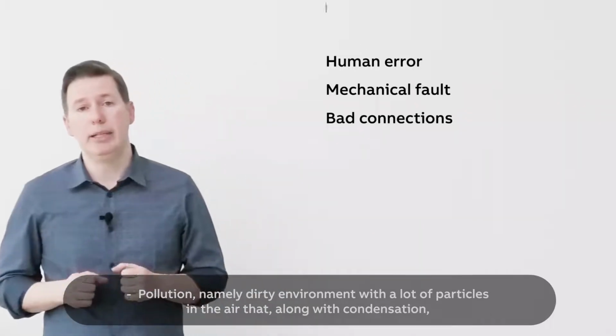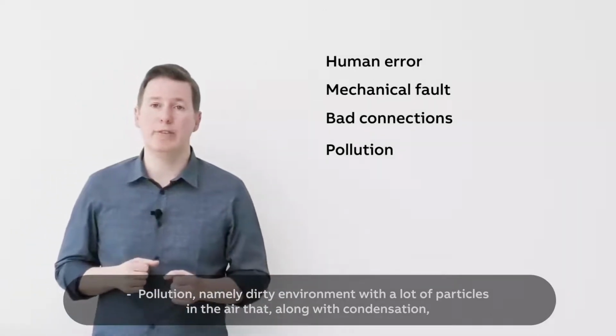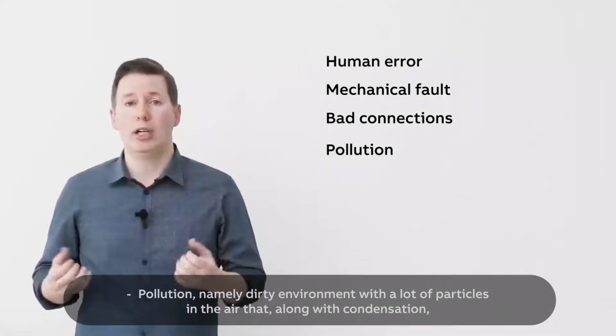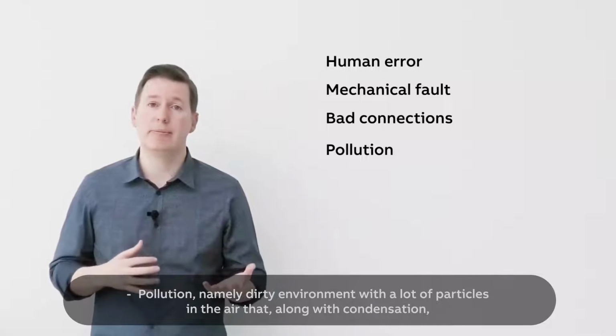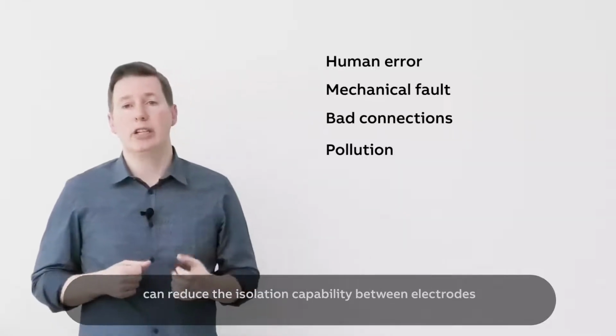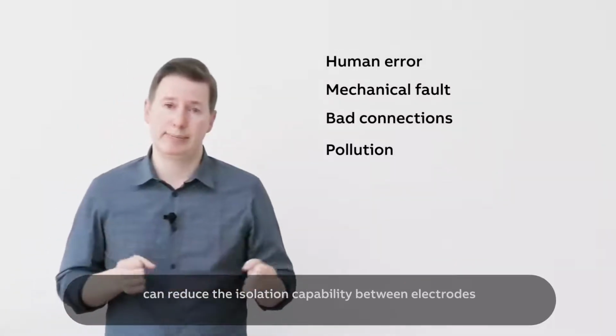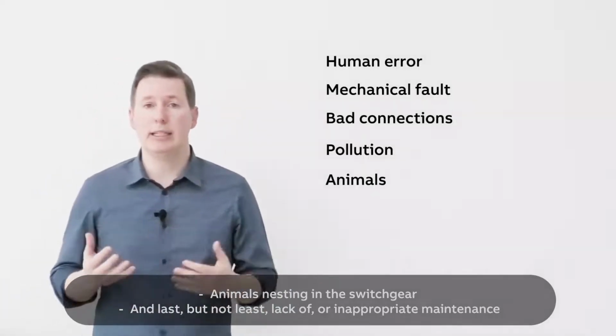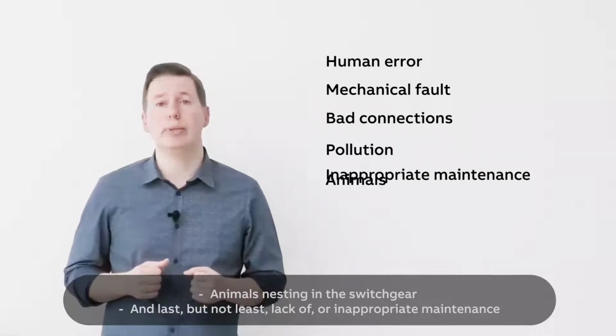Pollution, namely a dirty environment with a lot of particles in the air that, along with condensation, can reduce the insulation capability between electrodes. Animal nesting in the switchboard, and last but not least, lack of or inappropriate maintenance.